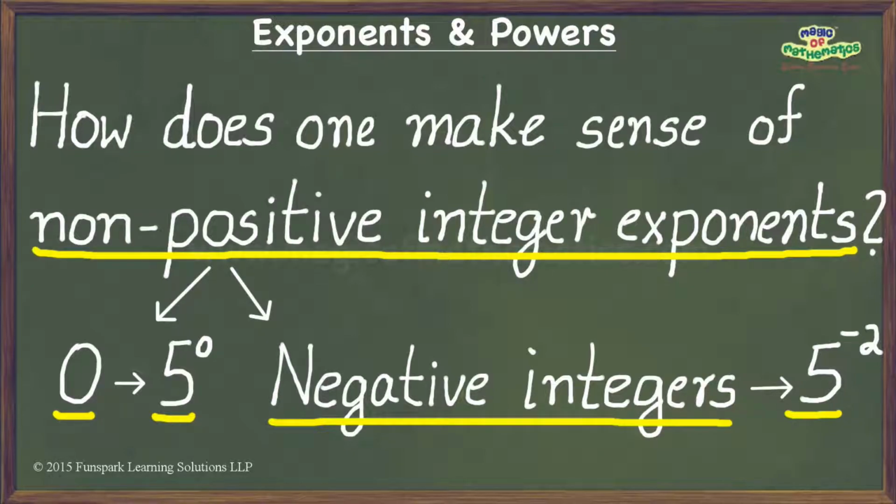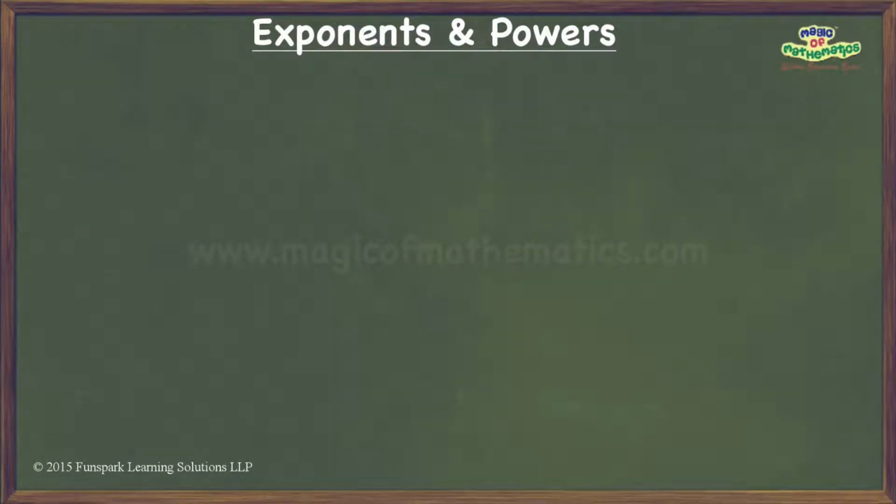I will assume here that you are familiar with how to interpret positive exponents. Let me write down the two examples that I will be using, namely 5 raised to the power 0 and 5 raised to the power negative 2. Let us first attempt to arrive at how to make sense of these two examples using our knowledge of positive integer exponents.